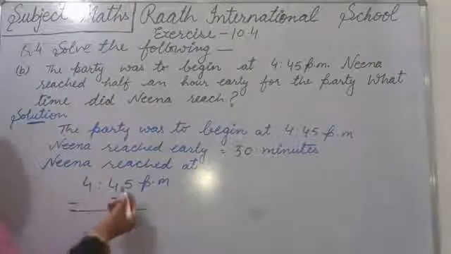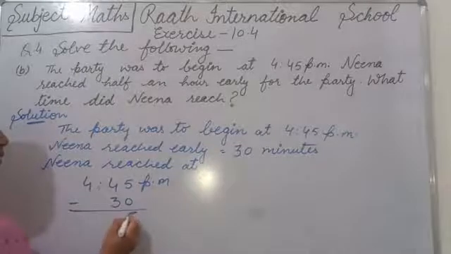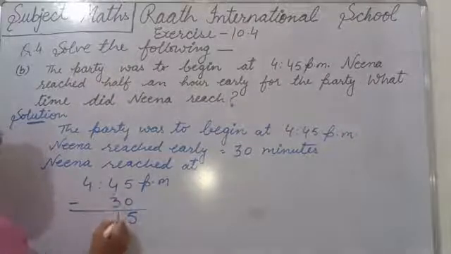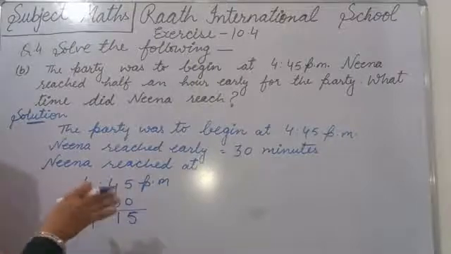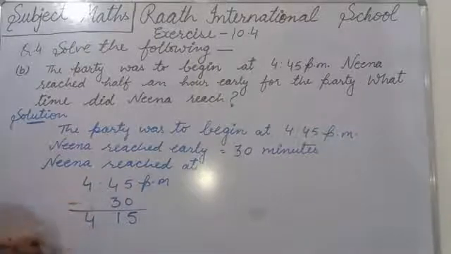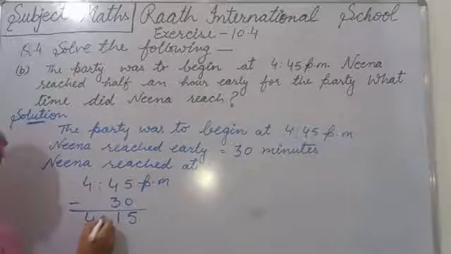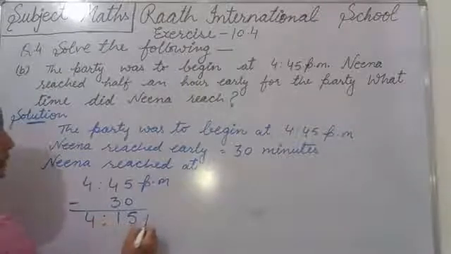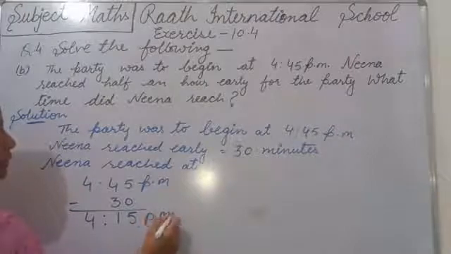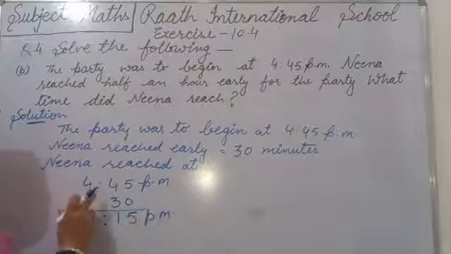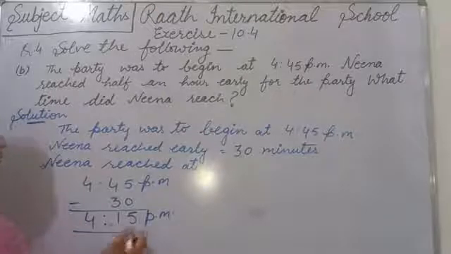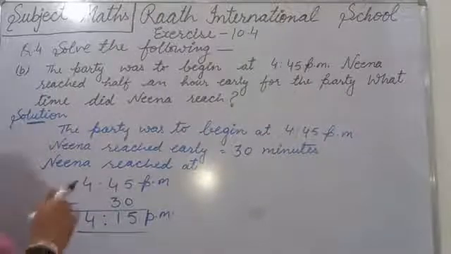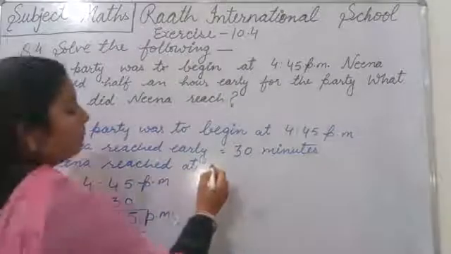So we'll do subtraction. 5 minus 0 is 5, and 4 minus 3 is 1, and there is 4. Now only 30 minutes before, so that also will be PM. So it's 4:15 PM. Because the hour is same, 4, that means it is also in PM. Between them there is not 12. So our Nina reached at 4:15 PM.